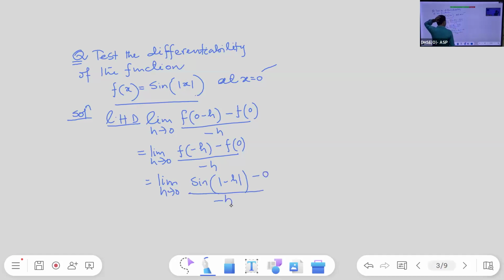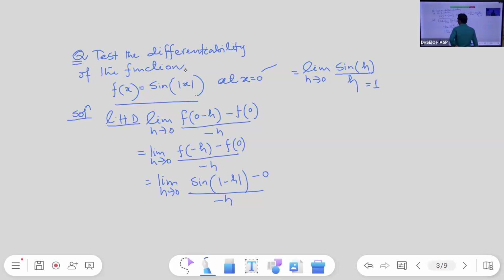All of you know, guys, mod of minus x is equal to x. This is equal to limit h tending towards 0 sin h upon h. You know, from the standard formula, limit x tending towards 0 sin x upon x is 1. So the limiting value is 1.